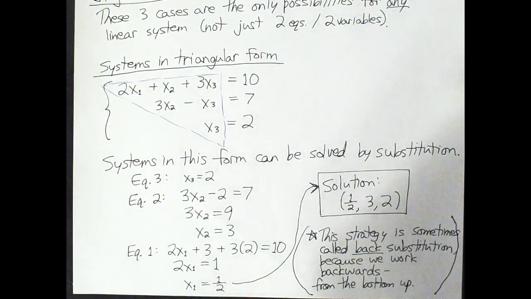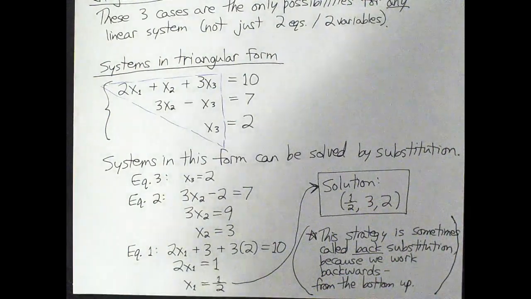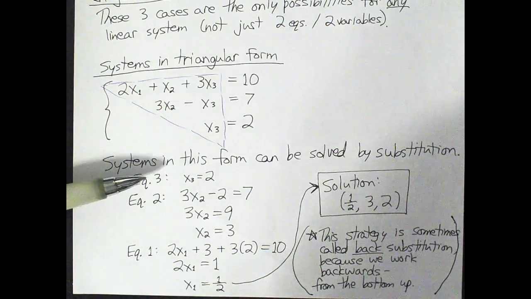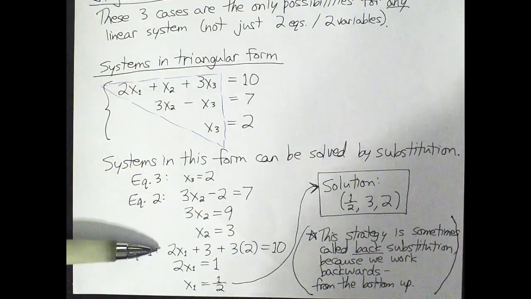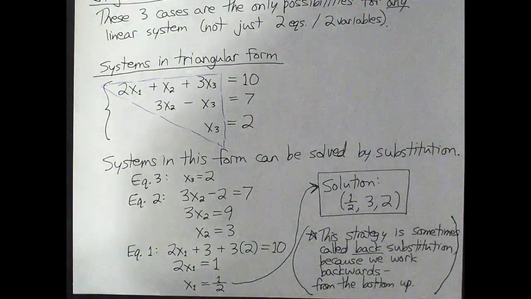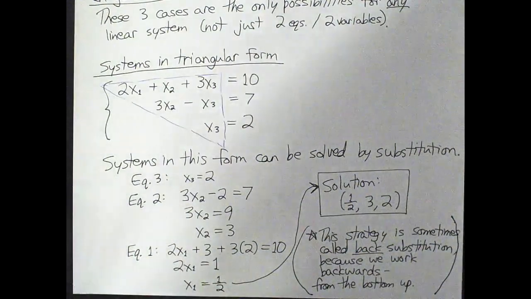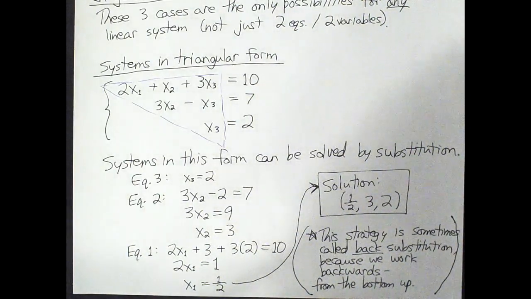So in case you hear me refer to this as back substitution, it's because we used equation 3, the bottom one. Then we used equation 2. Then we used equation 1. So sometimes that's the way to go. So if I gave you a system of this sort of size in triangular form, you could try to do this and find the solution if there is one.